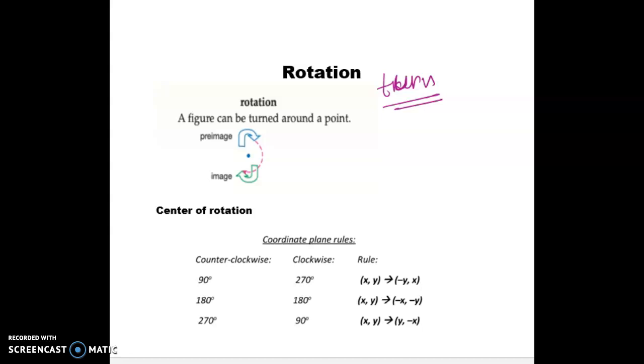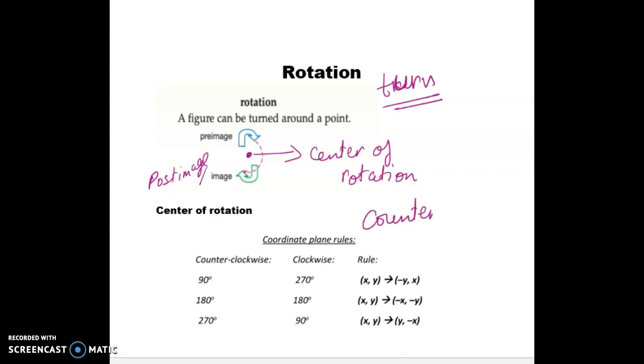So in this case, the pre-image is the blue image and the final image or the post image is the green one. And this point is called the center of rotation. We need a center around which it will be rotated. Unless and until it is specified, rotation is always assumed as counterclockwise.